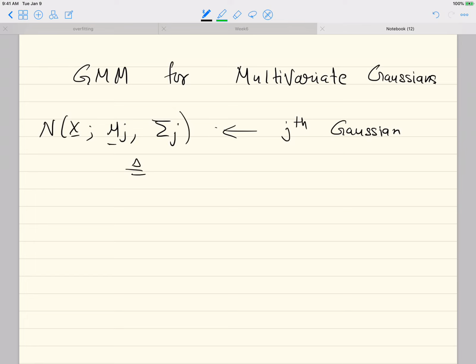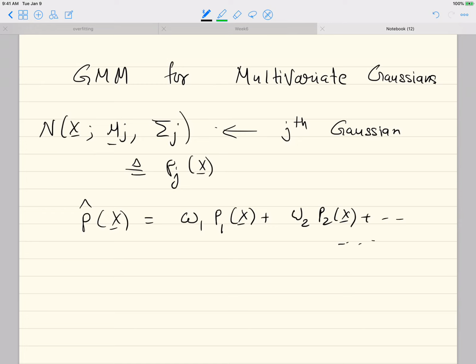And we will use the notation p sub j of x to denote the jth Gaussian. Then p hat of x is given by w1 p1 of x plus w2 p2 of x up to wk pk of x. Imagine you have k Gaussians, then this is the summation of k going from 1 to K, wk pk of x.